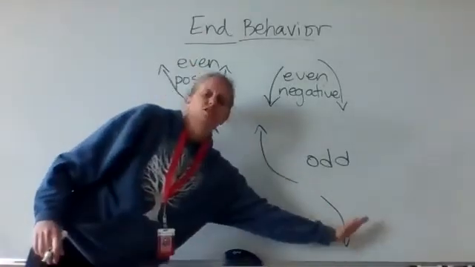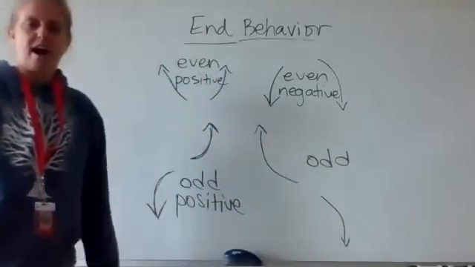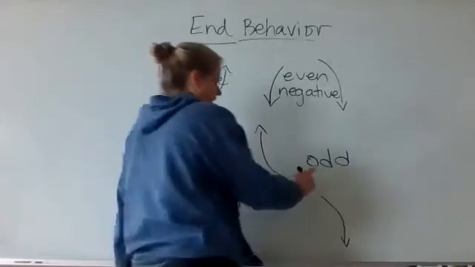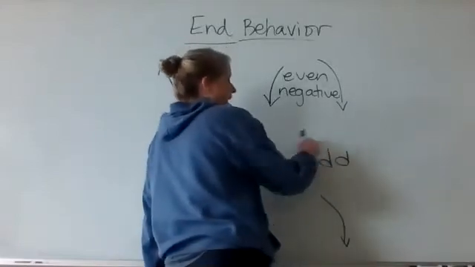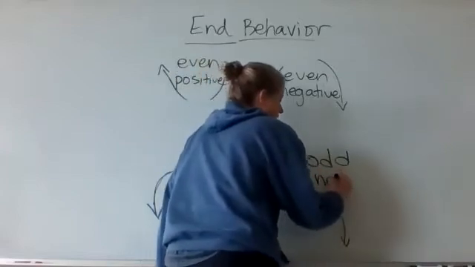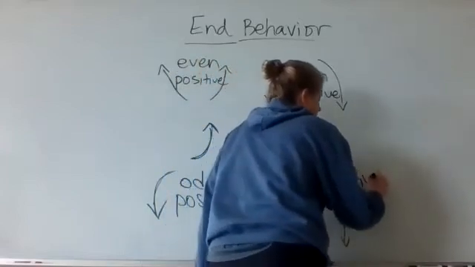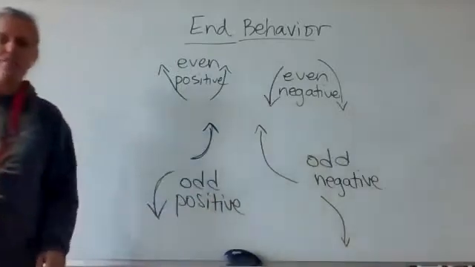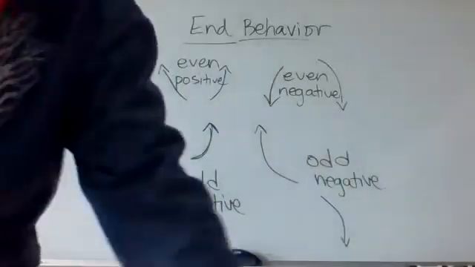This one that travels down from the left side to the right side is because it would have an odd highest exponent, and that term would be negative. That is what makes these end behaviors be what they are.